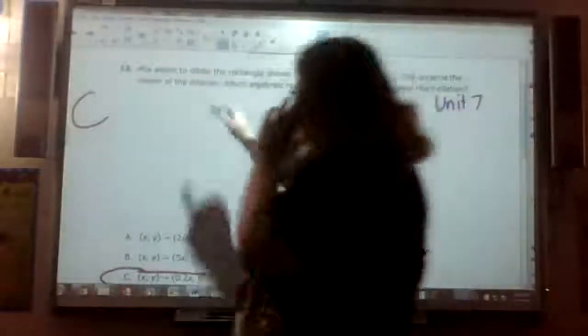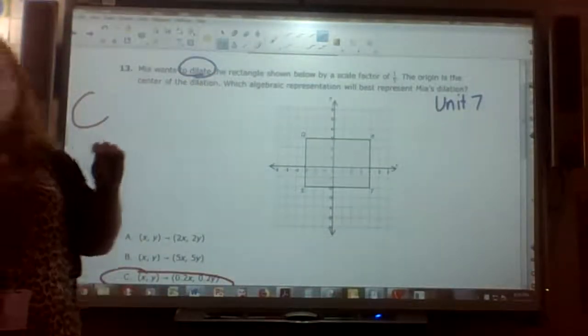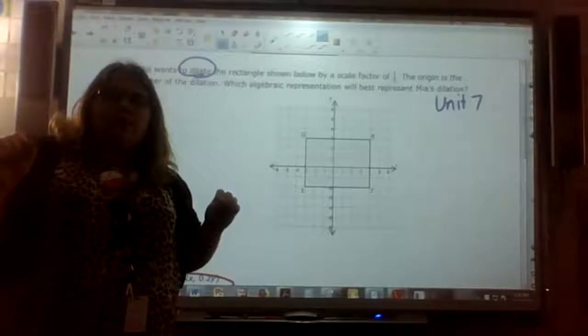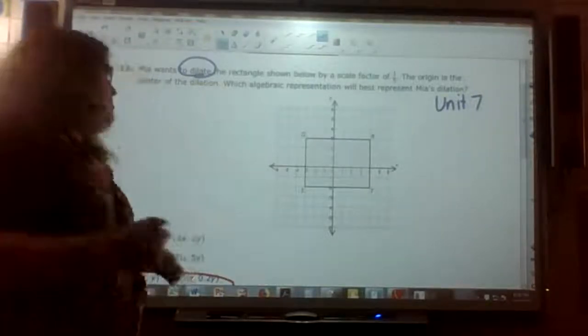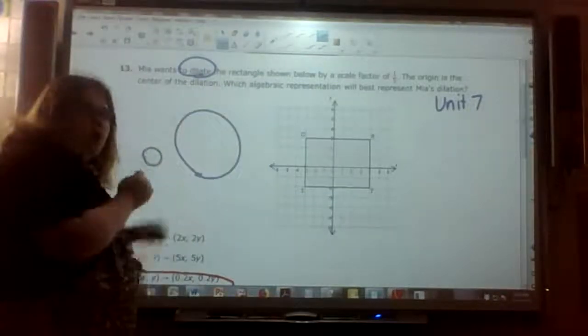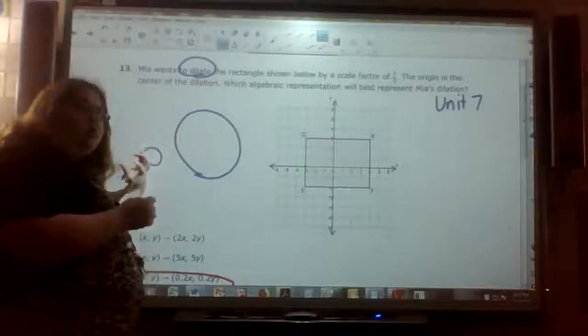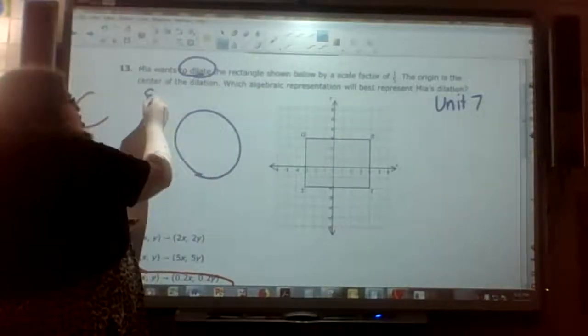So dilations, I don't know if you've ever heard someone say, are your eyes dilated? Well, dilations is when you go from small to big or big to small. So if you're going big, you are enlarging.